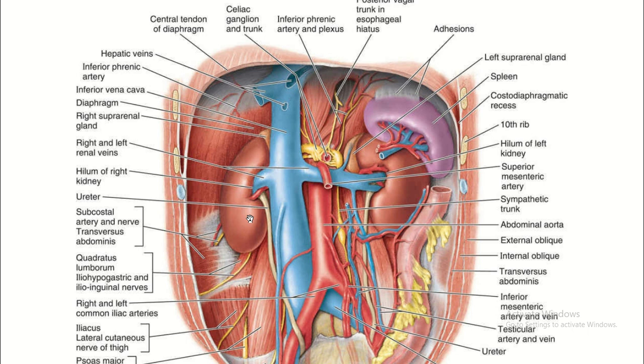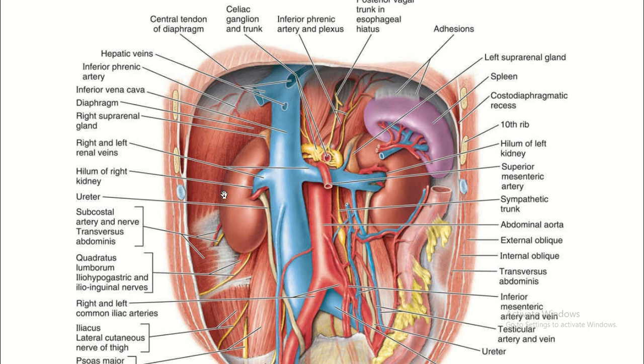What muscles are posterior to the kidney? Definitely you have the diaphragm, you have the origin of the transversus abdominis, you have the quadratus lumborum muscle, and also you have the psoas major muscle, right? Those are the muscles that are posterior to your kidney.